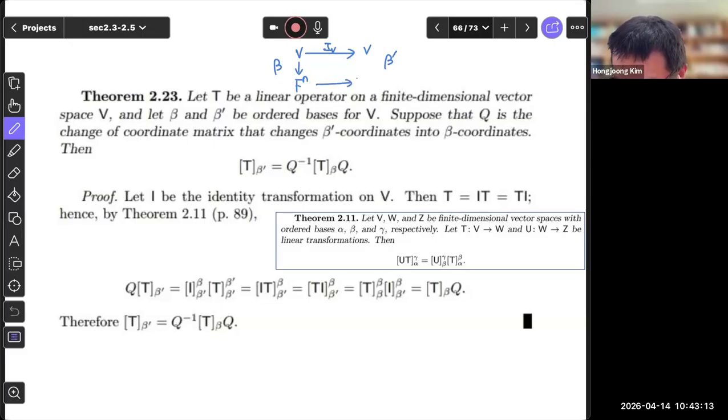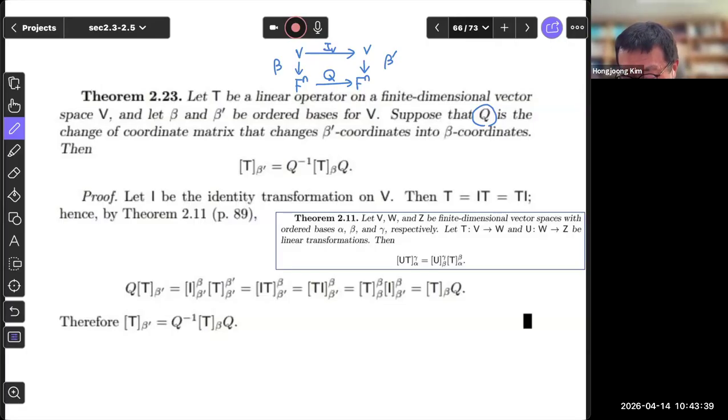Then between the two Fn spaces, we have the matrix mapping Q, which characterizes the identity mapping. So Q is the change of coordinate matrix that changes the beta prime coordinate into the beta coordinate.